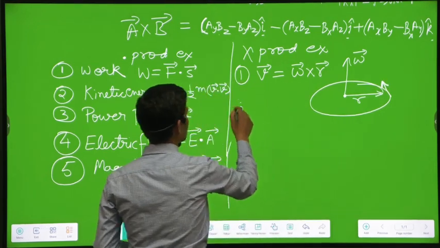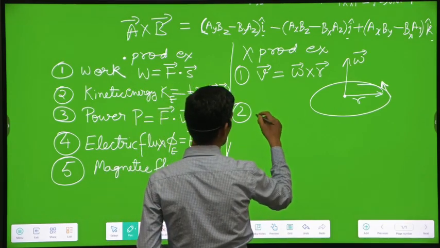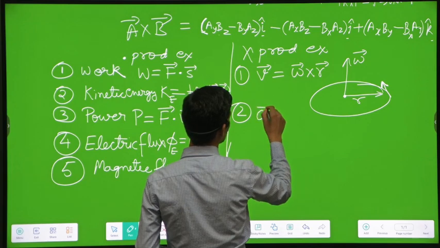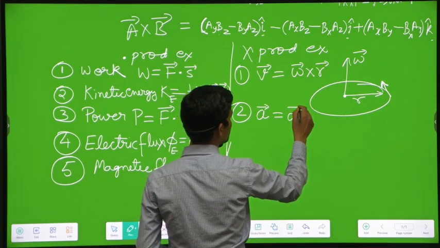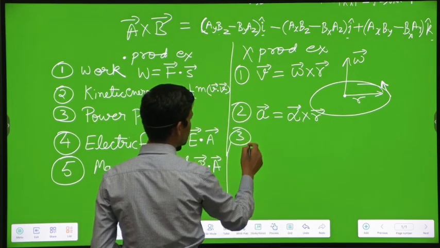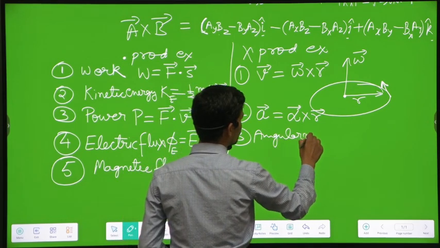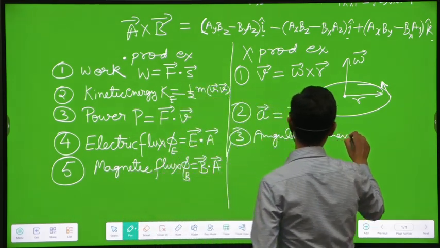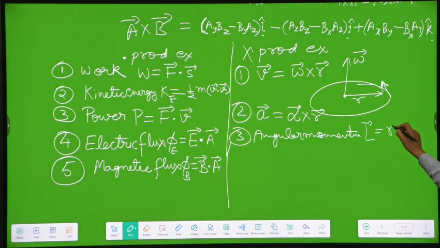So the second one is angular acceleration. Linear acceleration is equal to angular acceleration cross r. Same thing. Third, angular momentum, denoted by L, which is equal to r cross p.